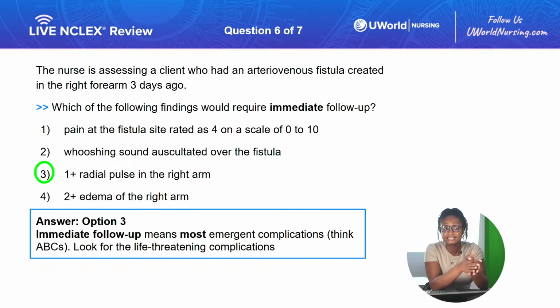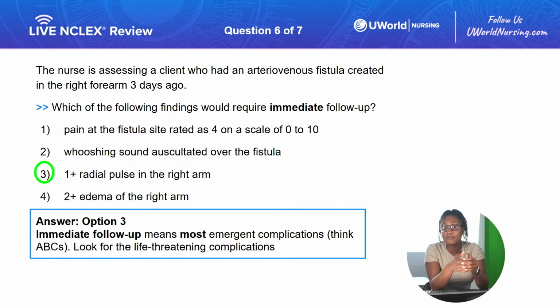This client received this 3 days ago, meaning this is fresh. So they are expected to have pain in the site, especially as it matures. It takes a couple months for this to fully mature and to be able to be used. So pain at the fistula site rated as a 4 on a scale of 0 to 10. It's not extreme pain. It's just pain at the site.